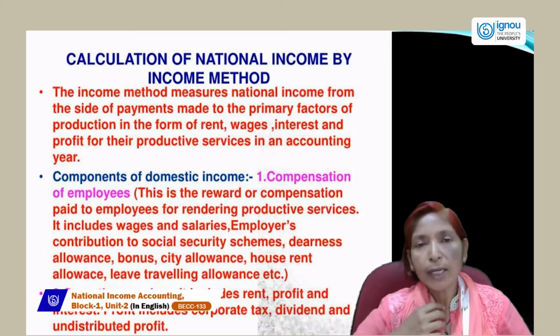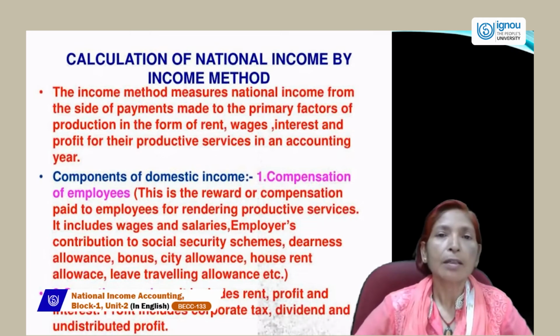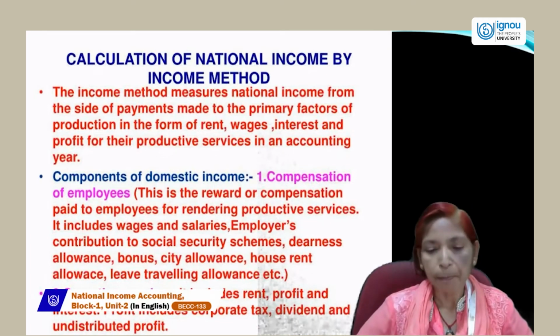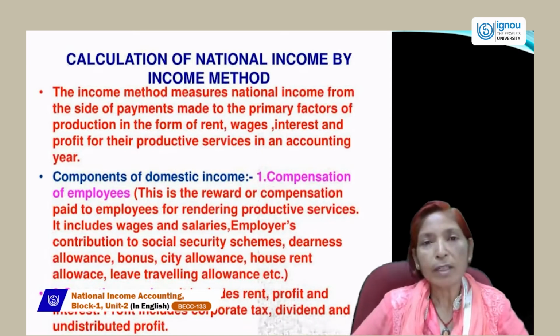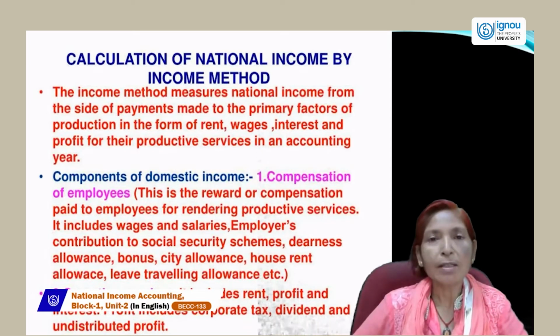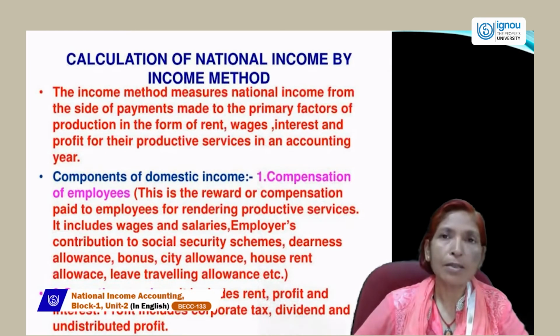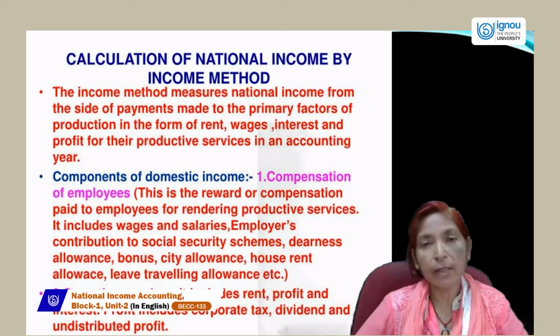This income is known as retained earning, which is used for further expansion or further development of the companies. And dividend is the part of profit which is distributed among shareholders. So profit has three parts: one is corporate tax, other is dividend, and third is undistributed profit. If we add rent, interest, and profit, then we get operating surplus.